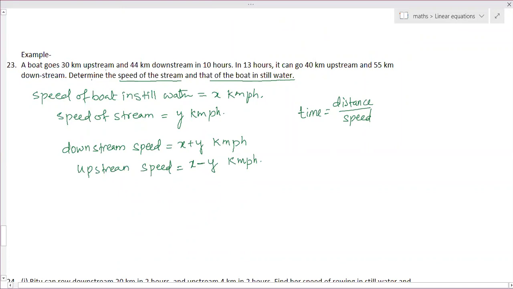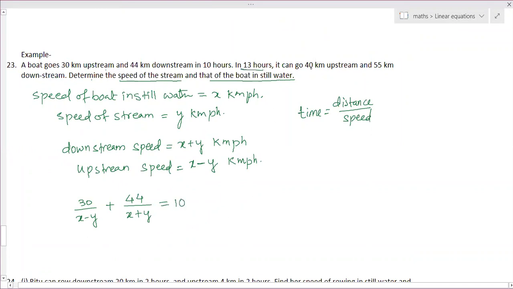So moving upstream, the time needed is 30 by the upstream speed, x minus y. Then downstream is 44 kilometer and the downstream speed is x plus y. That is equal to the total time, 10 hours.